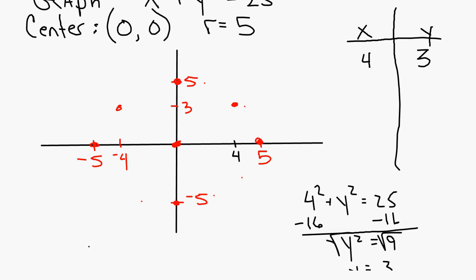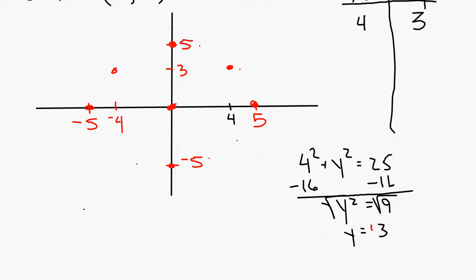Because positive 5 squared is 25, and negative 5 squared is also 25. So really, technically right here, isn't this positive or negative 3? So when you insert the 4, you get a positive 3 and a negative 3, right? So you get your negative 3. And when you would do the same thing for the negative 4, wouldn't you get a positive and negative 3 as well? So you would get that point.